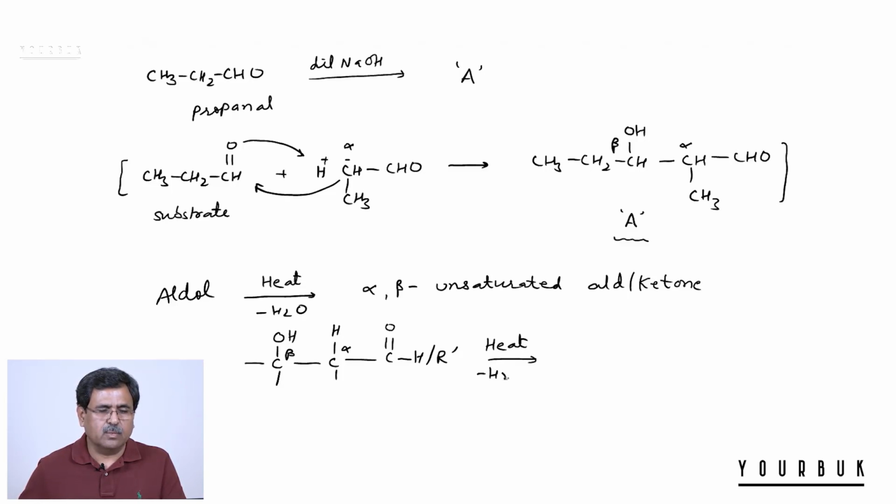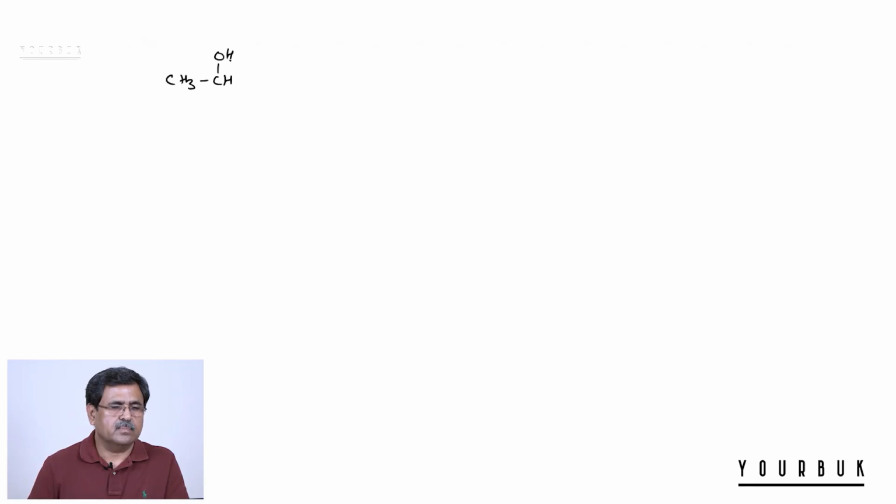And they always give a double bond between the alpha and beta carbon. For example, this is 3-hydroxybutanol.